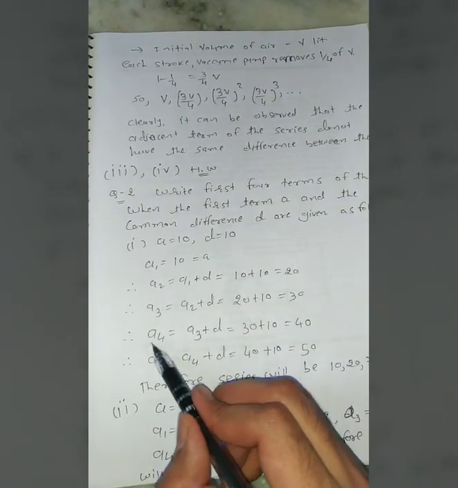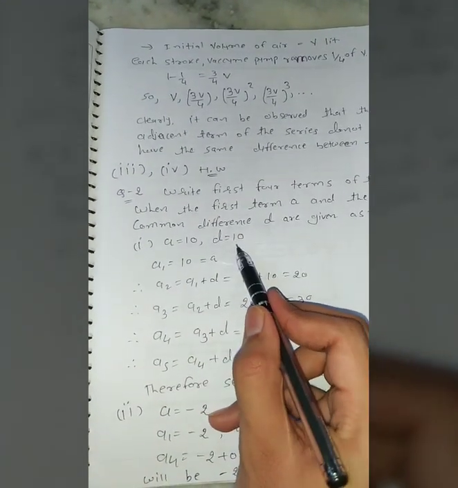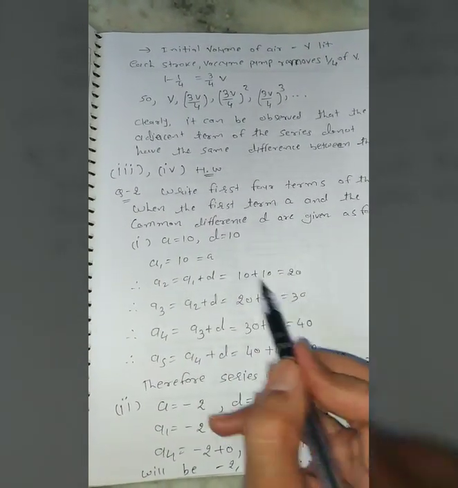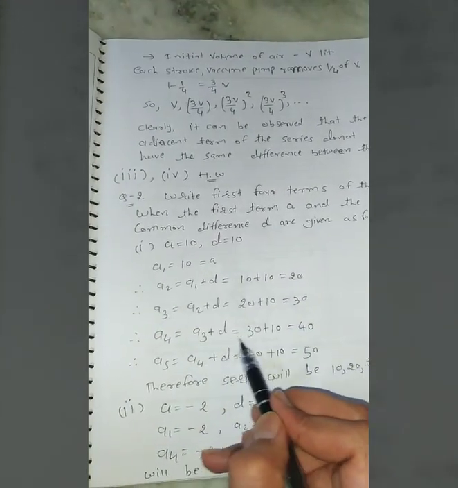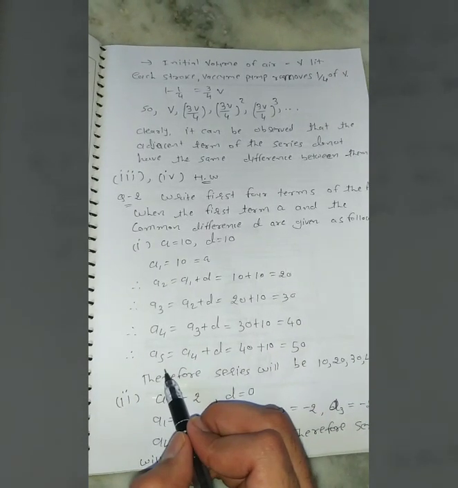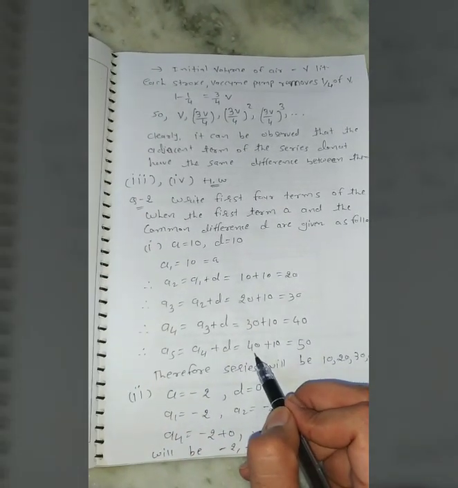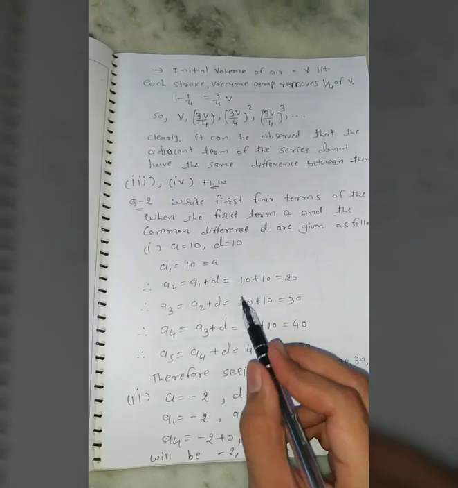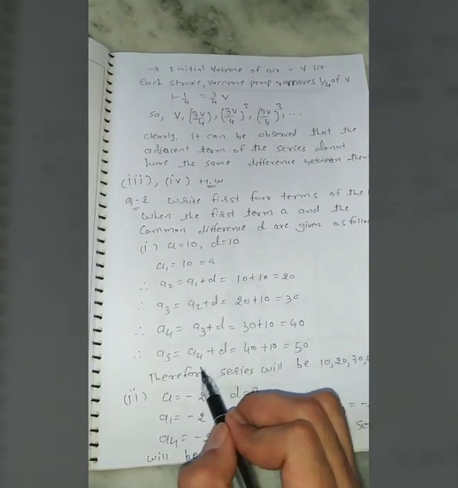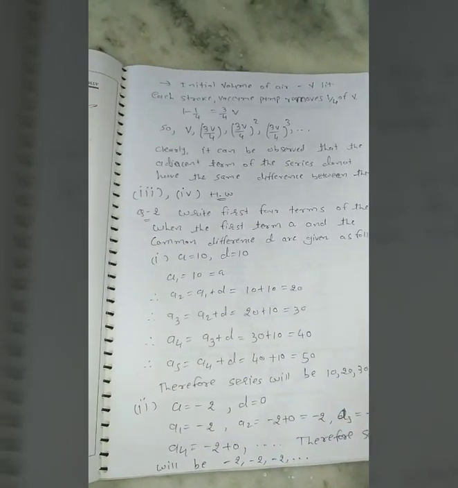a4 is equal to a3 plus d. a3 is 30 and d is 10, so 30 plus 10 is equal to 40. So a5 is equal to a4 plus d, so a4 is equal to 40 and d is equal to 10, so 40 plus 10 is equal to 50.